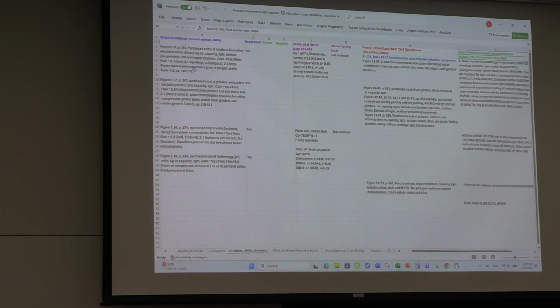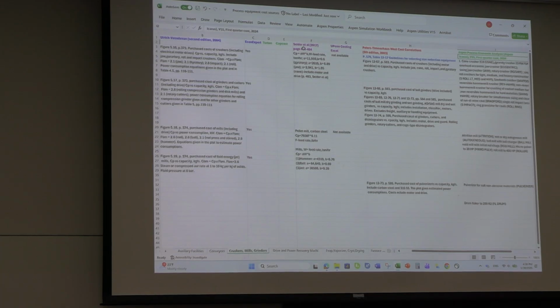They include all the costs. Can you find those plots in Econ Expert? Yes, yes, yes. So you don't need to worry about that. Tech costs, nothing. You cannot find any of those costs, crusher, and so on.